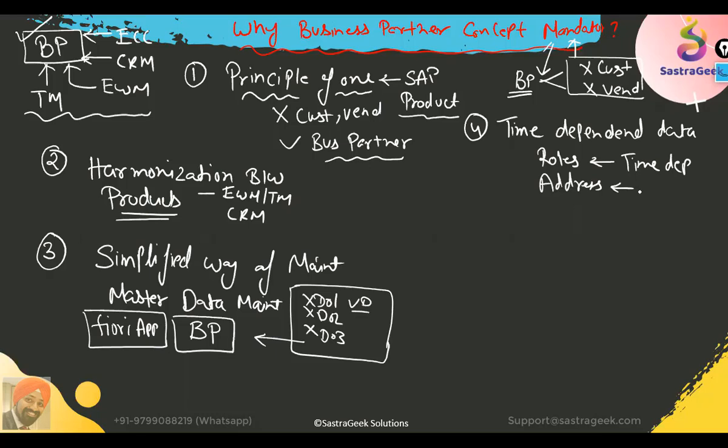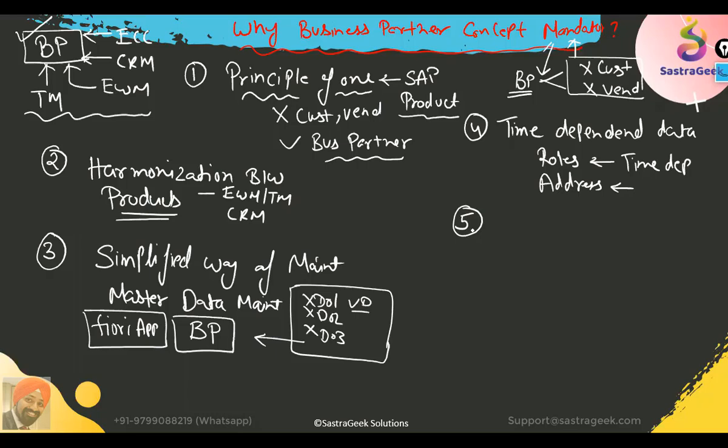For a particular year the address is there, after that they switch it, and for the next year you can maintain another address. So time dependent parameters can be maintained with the business partner. So it is a simplified way of master data harmonization, principle of one, and we are able to maintain time dependent data.